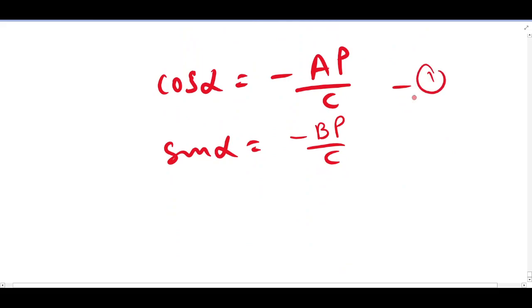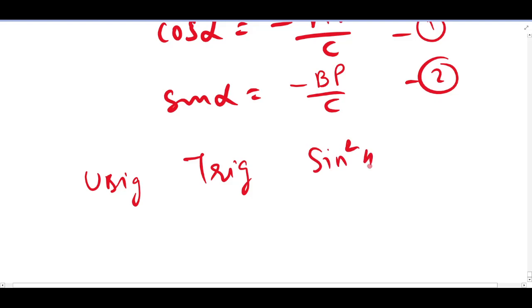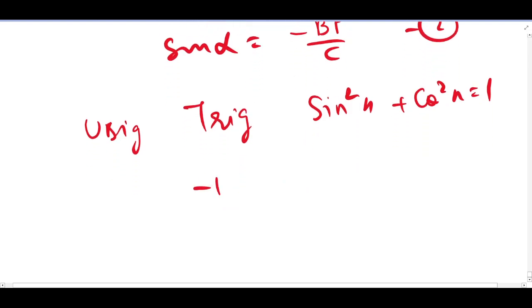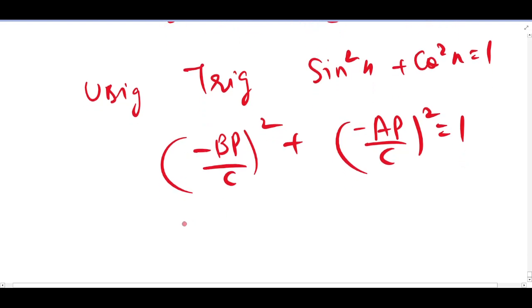So this is the first equation, this is the second equation. Using the trigonometric identity sin square x plus cos square x equal to 1, we get minus bp by c whole square plus minus ap by c whole square is equal to 1. So we get p square by c square times b square plus a square equal to 1.